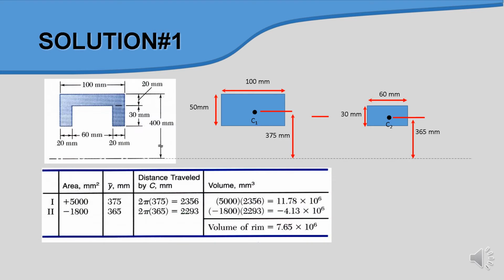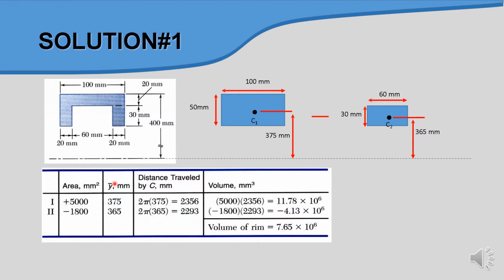So for shape number 1, the area is 5,000, which is derived from 50 mm multiplied by 100. And also we have shape number 2, which is 60 multiplied by 30. We have 1,800. And please remember, in this case we have the subtraction, so we need to put the negative here.